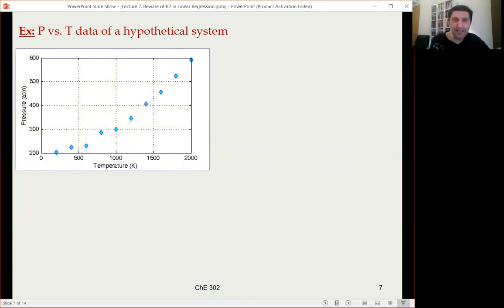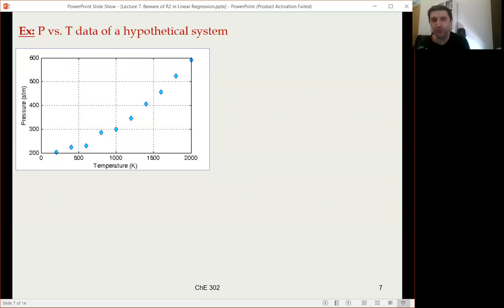A typical example: let's say that we have a pressure versus temperature graph of anything that you would like to imagine, and it consists of these experimental points. We don't have any, let's say, theoretical expectation about this relation, but well, we have some theoretical expectation.